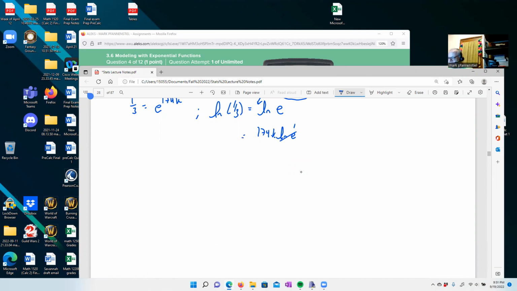That equals the natural log of 1/3. 1/3 is 3 to the negative 1, so we have the natural log of 3 to the negative 1 equals 174k. We pull this negative 1 down in front as well. So 174k equals negative natural log of 3. So k is equal to negative natural log of 3 divided by 174.